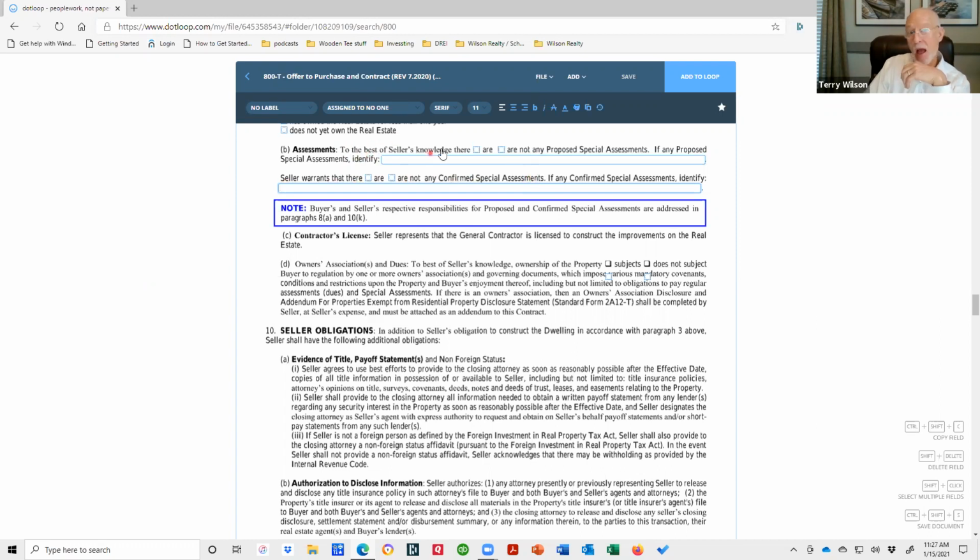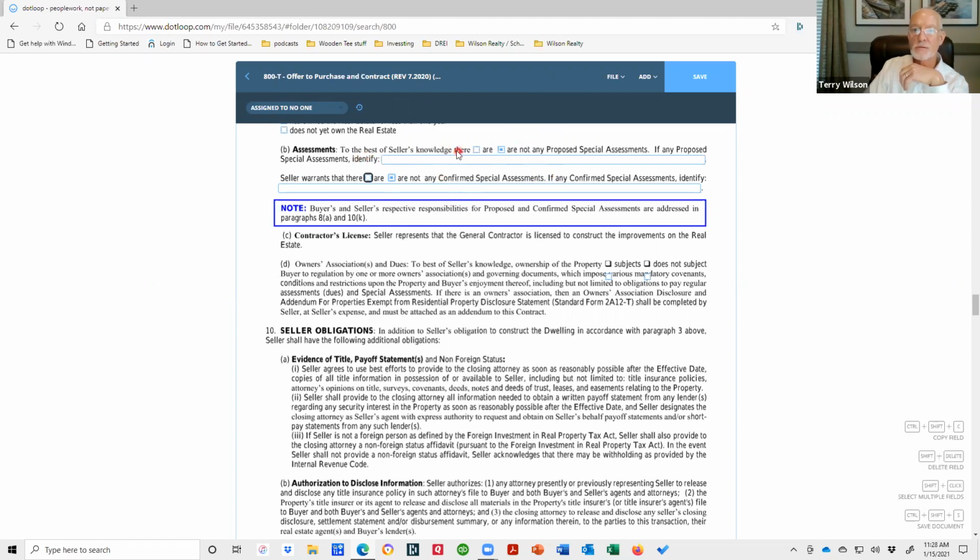This is saying, as far as I know, there's no proposed special assessments, because remember, the buyer pays for special assessments. But this one says the seller warrants that there are no confirmed, because the seller pays for confirmed. If you are representing the buyer, you should check are not, and you should check are not.